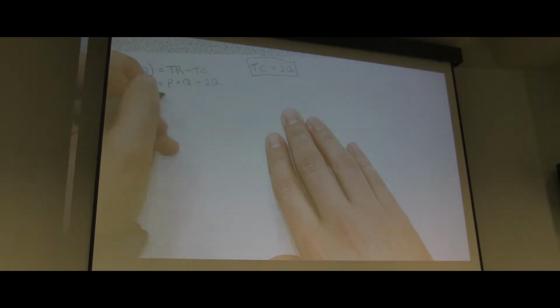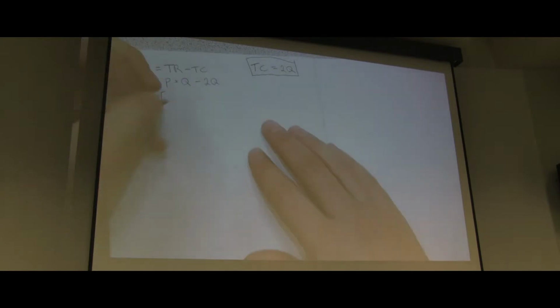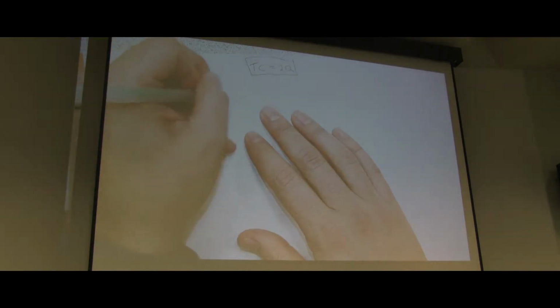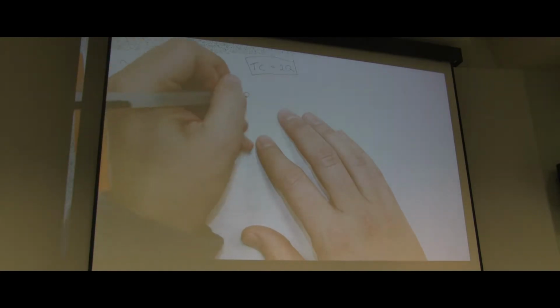So now, where's the trick? Well, price, it's a monopoly, so the price is going to be the demand. So you've got to substitute 50 minus 1/2 Q for the price. And don't forget to multiply all of this by Q. And then you include the minus 2Q.